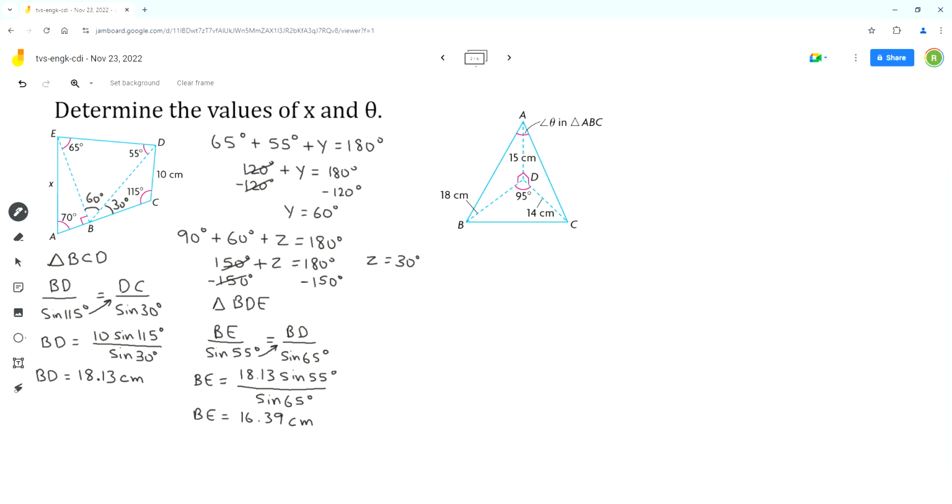For the given angle 70 degrees, the side BE is the opposite side and side AE is the hypotenuse. So we can use sine ratio to find the value of x. The formula for sine is opposite over hypotenuse.